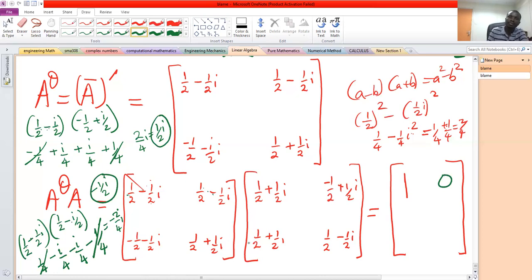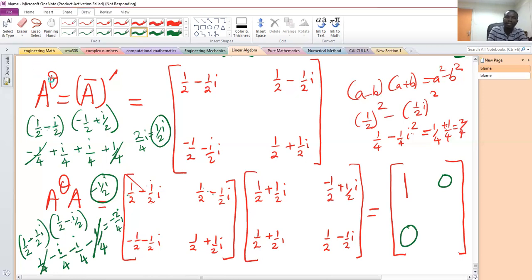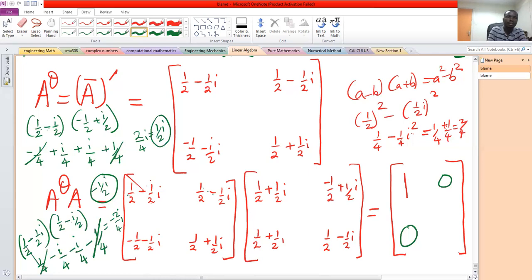And similarly, if you work out this product and this product, the answer should be 0 here. And just to confirm that the element there will be 1, let's compute that operation.